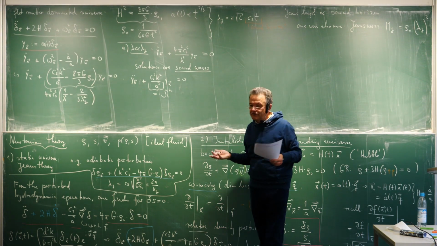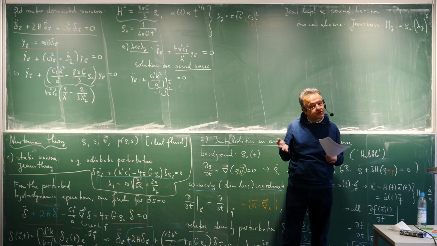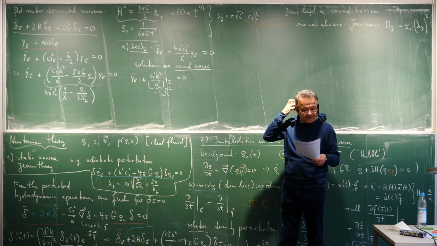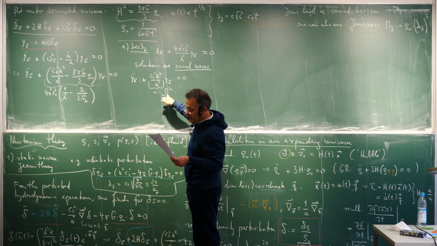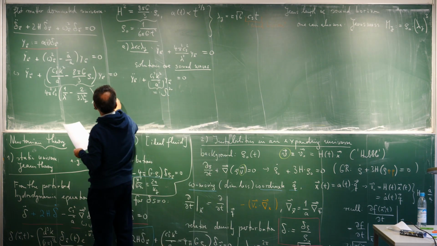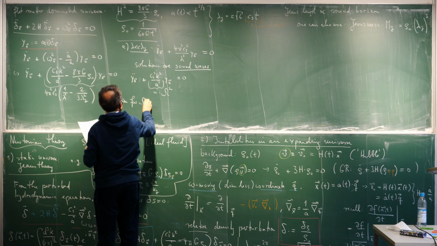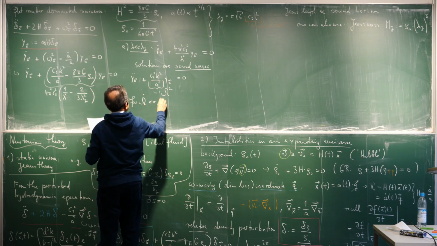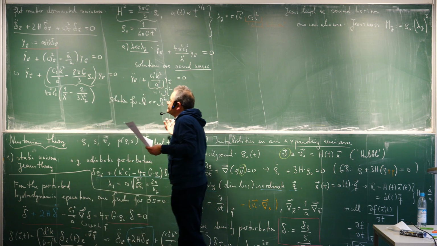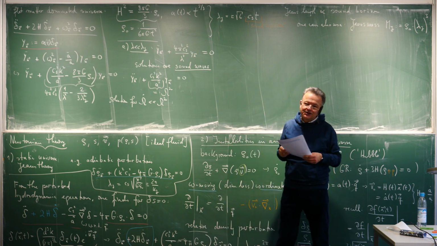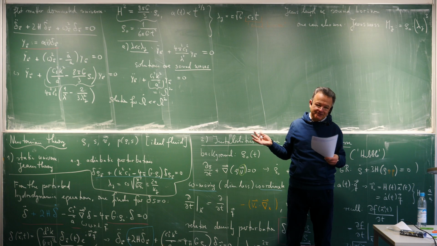Now, of course, you can solve this when you have a of t inserted, but it's sufficient for us to solve it in the case when this is only slowly varying. So if omega dot is much smaller than omega squared, then you have what is sometimes called the WKB solution. This refers to quantum mechanics, but the equations have the same structure.